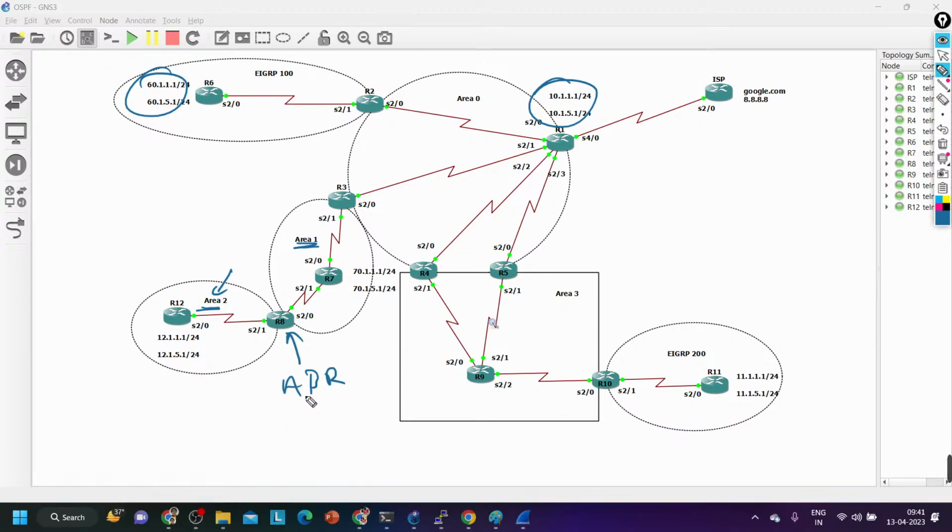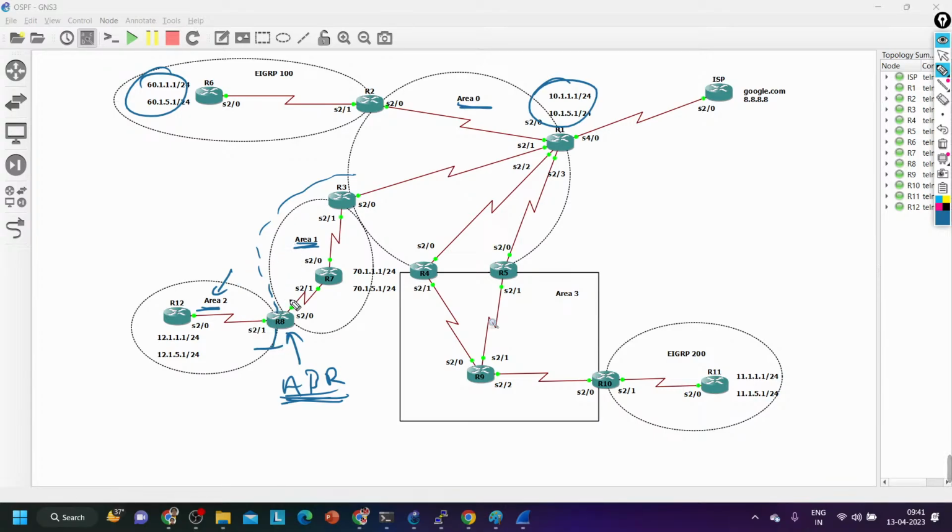Yes or no? Yes. So here is my area 0. So what we can do, we can connect one virtual link from here to area 0 to make this router ABR. Or another option is we can create one loopback over here and put that loopback in area 0. Yes or no? So the virtual link concept, nowadays we are not using, but still there is the concept.